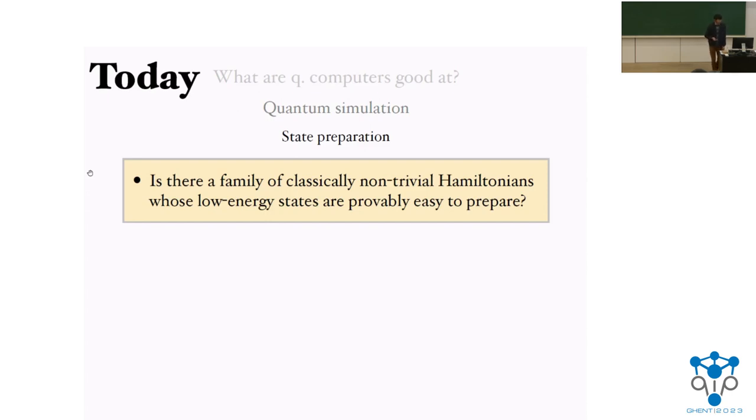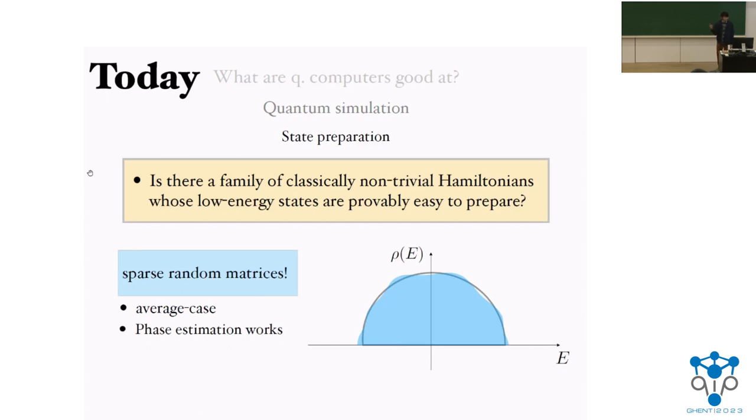And the family we give is a very large and simple family, which is the sparse random Hamiltonians. It's very nice in the sense that it's average case. There are so many instances of them; you can draw randomly and you get one. It's also nice in that it's so simple that the simplest quantum algorithm works very well. At the same time, there's a matching circuit lower bound that tells you these states are also very quantum.